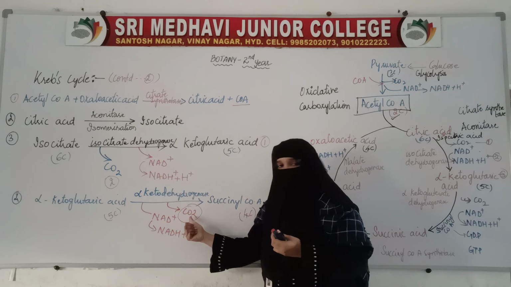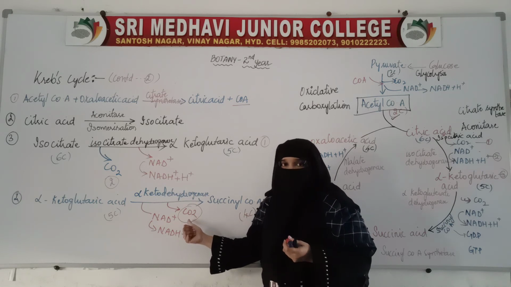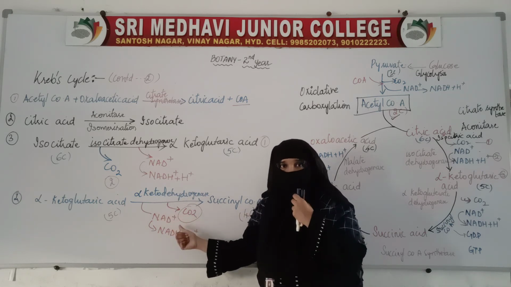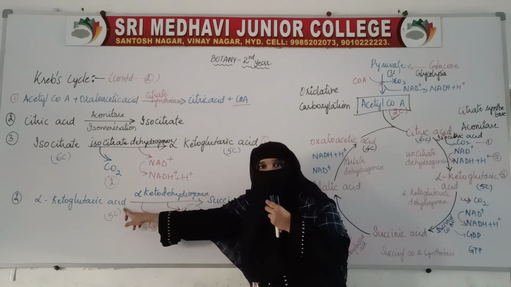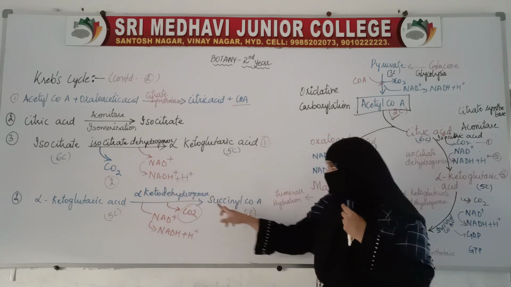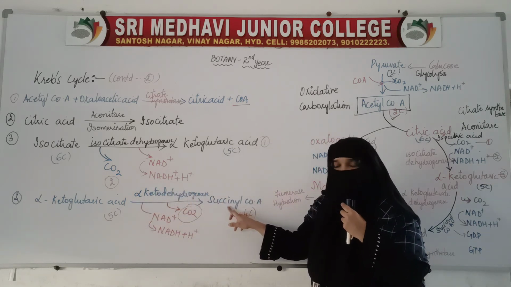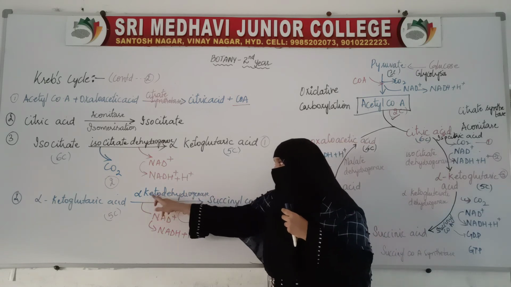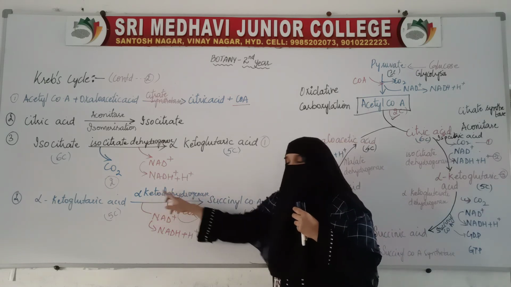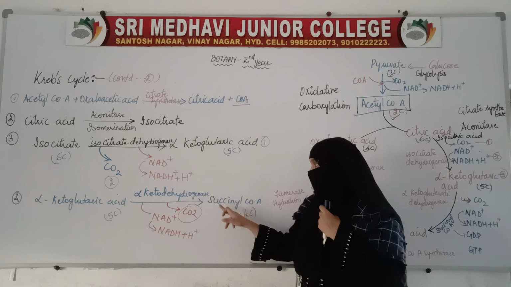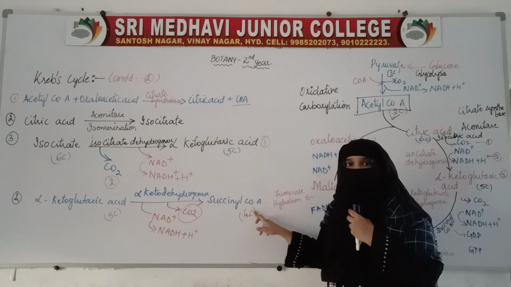With the release of carbon dioxide during this decarboxylation process, alpha ketoglutaric acid is changed to succinyl coenzyme A with the help of the enzyme alpha ketoglutarate dehydrogenase.